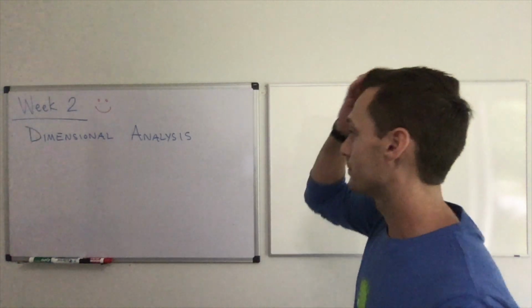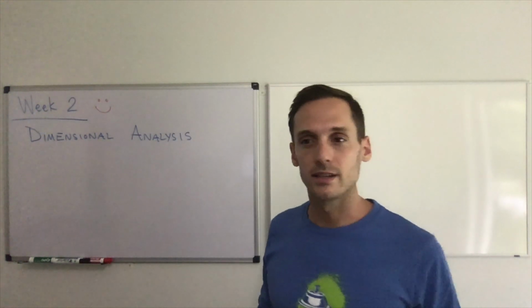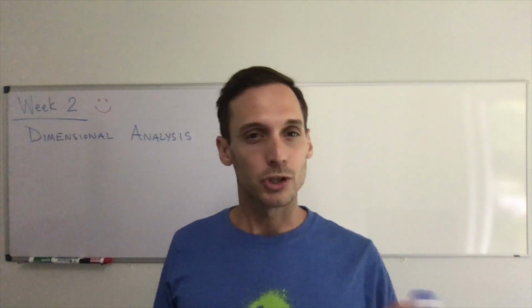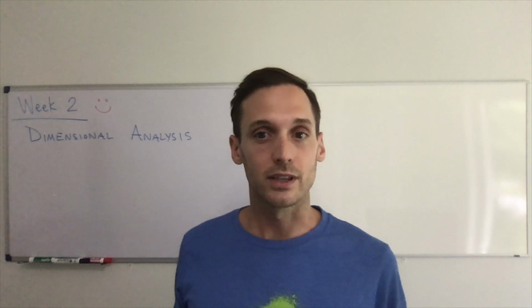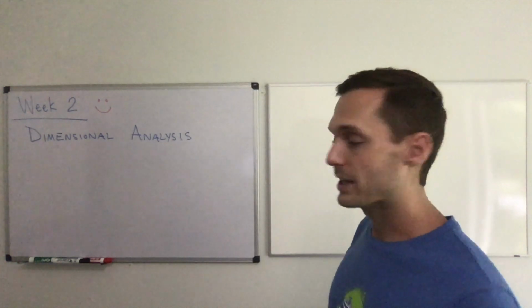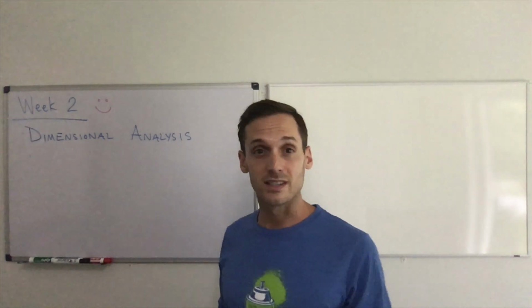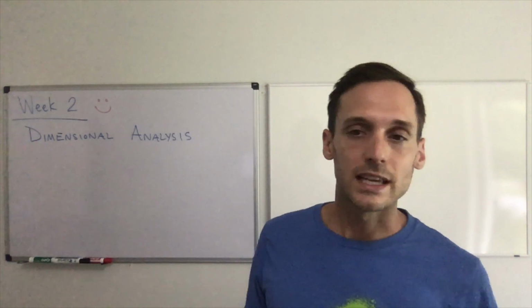The reason we use dimensional analysis is because it gives us a way to very easily keep track of our units of whatever we're trying to calculate. For instance, if you remember from last week, we talked about units and how they can cancel out, or what unit you would be left with at the end.